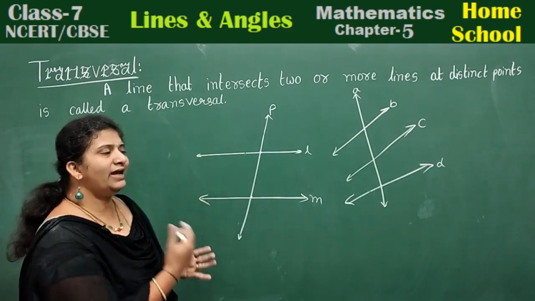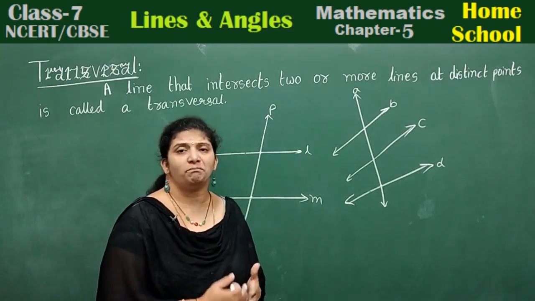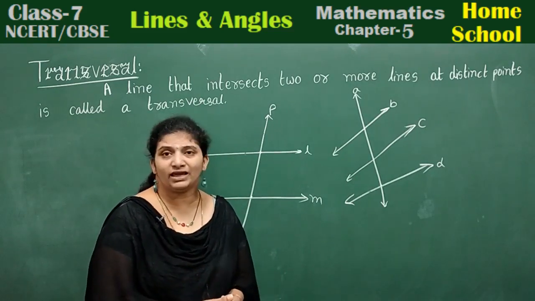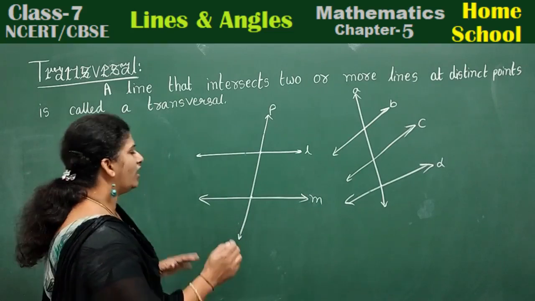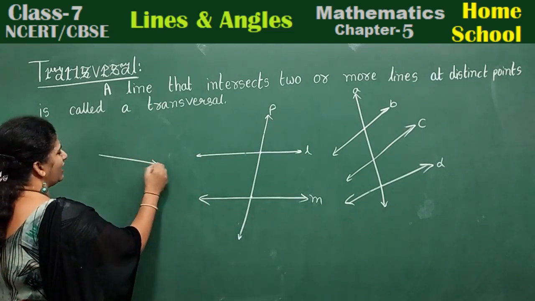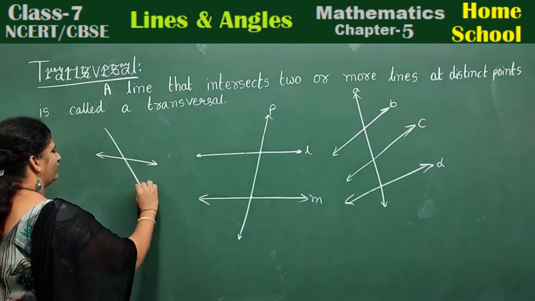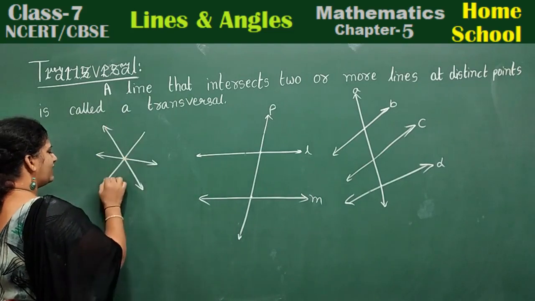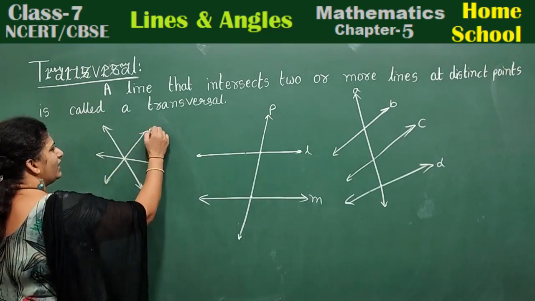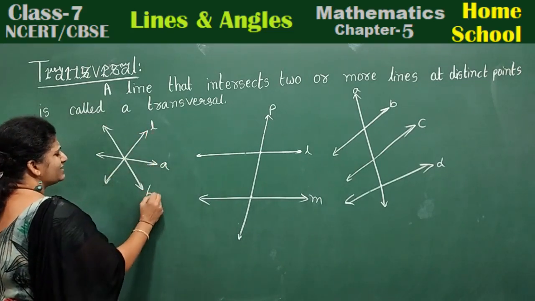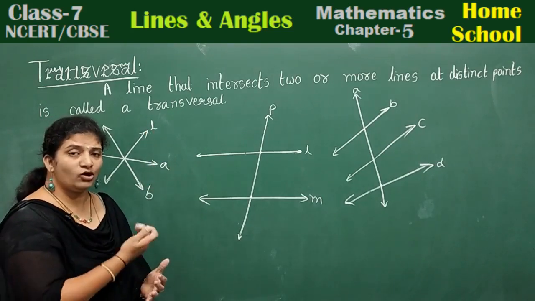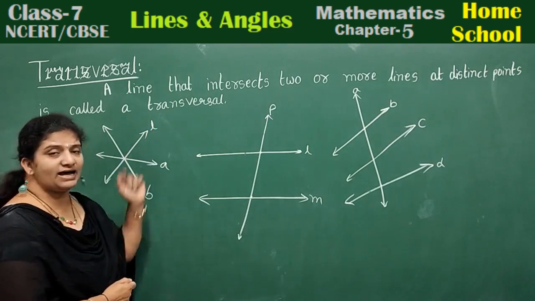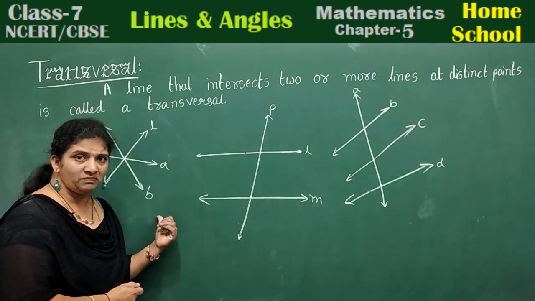Next, can I draw a transversal for many lines? Yes, we can draw. And one more question. Suppose your lines are like this. Can I say line L is a transversal for line A and line B? Just think over here. Is line L a transversal for line A and line B?